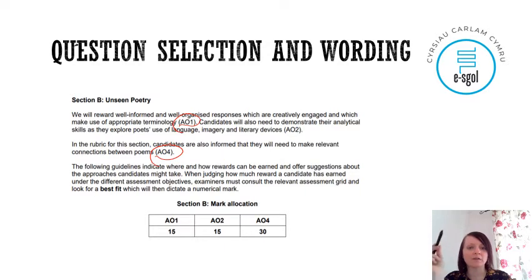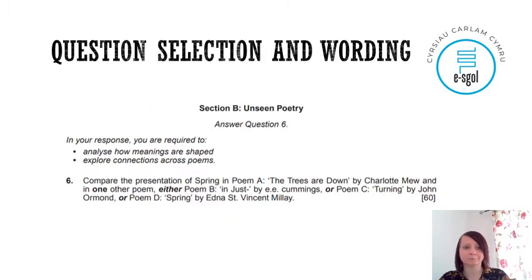When we're thinking about the assessment grid and the numerical mark allocated, the fact that 30 marks are awarded to AO4 shows the focus. If you're not comparing, or you've got very little in the way of comparison, this is going to have quite a detrimental impact on your final mark, your final grade.